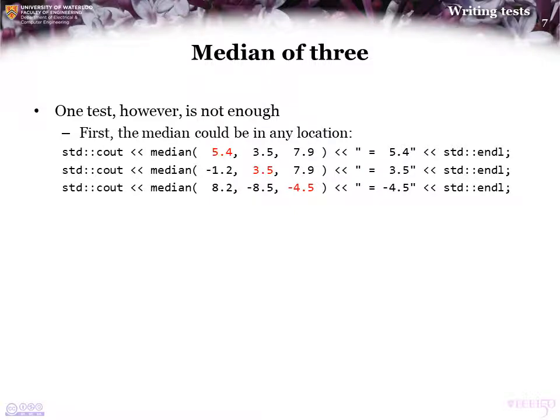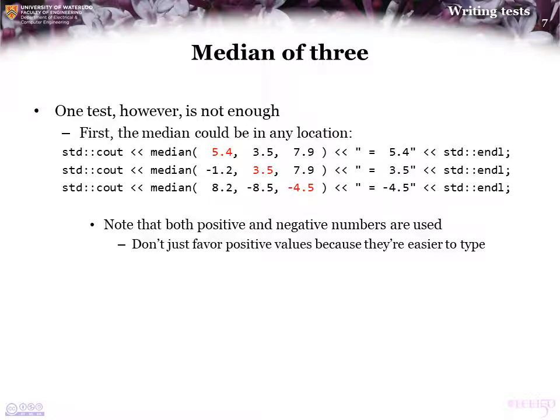However, as you will see here, I use both positive and negative numbers. Very often students forget to test their code with negative arguments, simply because it's just easier to type in positive numbers. So make sure you try multiple different values.